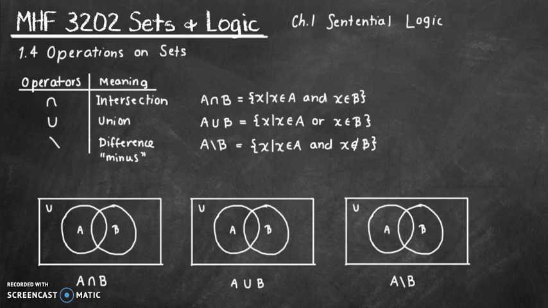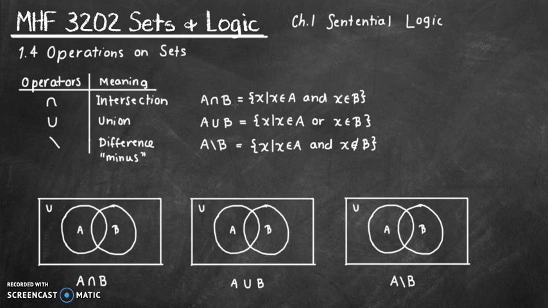1.4 Operations on sets. We have operations on sets: intersection, union, and difference, which is sometimes called minus. We can have this kind of notation on the left and express the same idea on the right.